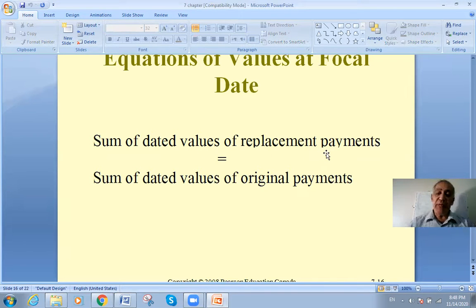I have two or three payments or whatever, and I just want to adjust them to pay them all on a certain day. I want to resettle my situation and pay them only on a certain day. So, shall I get the present value or shall I get the future value? And this is the point.